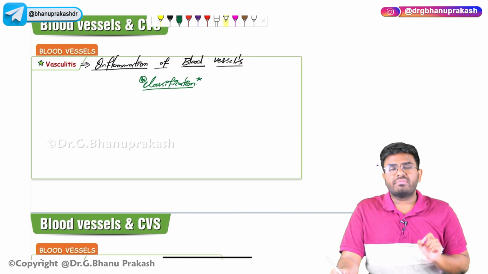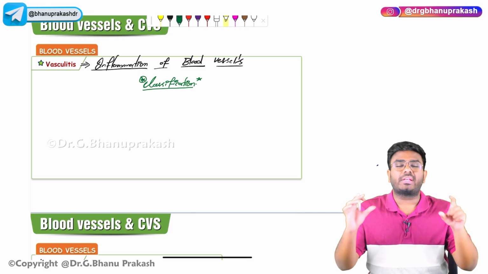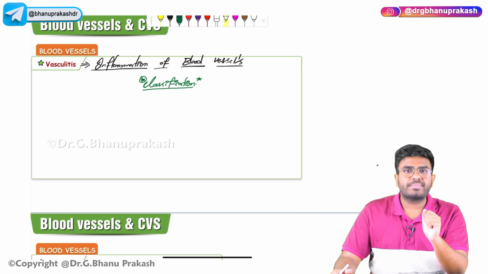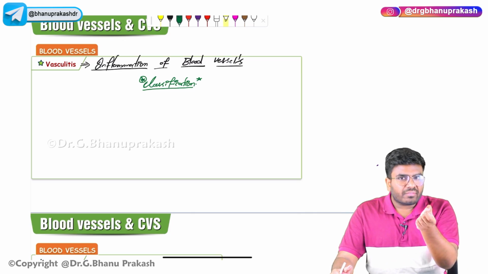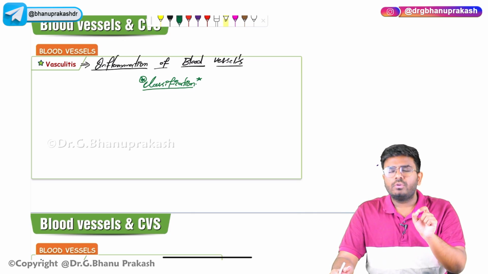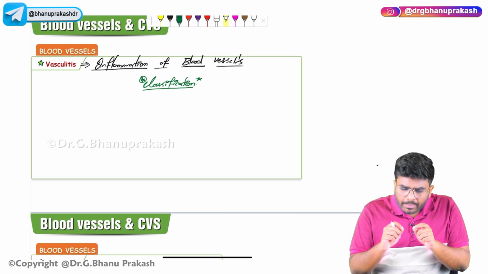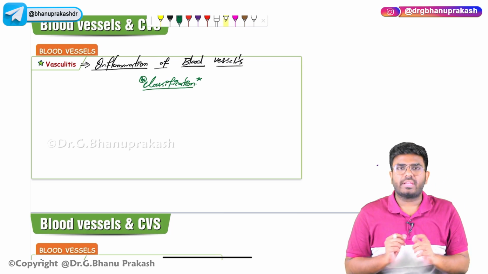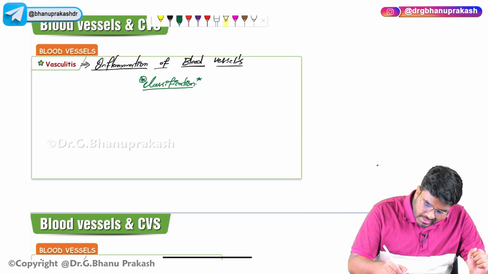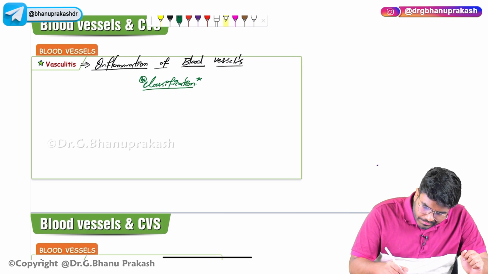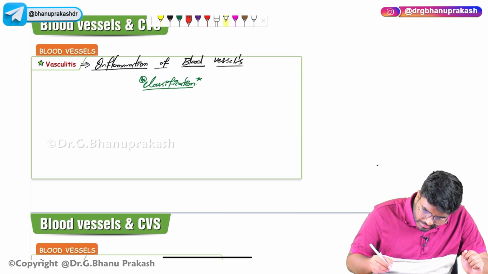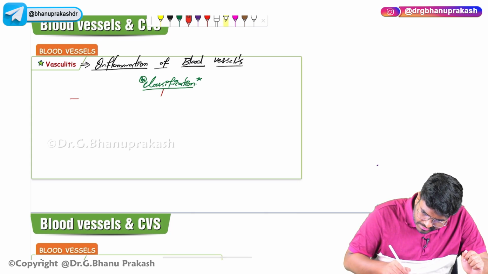If the vasculitis is happening to larger arteries, it is called a large vessel vasculitis. If the inflammation is happening to a medium sized blood vessel, it is called a medium vessel vasculitis. If the inflammation is happening to small blood vessels, it is called a small vessel vasculitis. So based on the size of the blood vessel, vasculitis is classified into how many types? It's classified into 3 types.